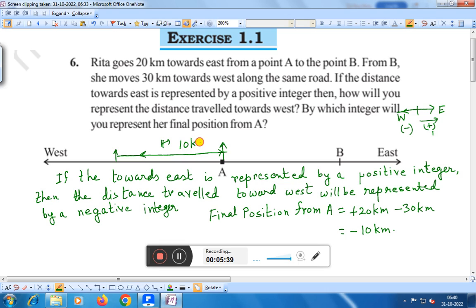Therefore final position from A is minus 10 kilometer. That means from A it is 10 kilometer towards west, right?